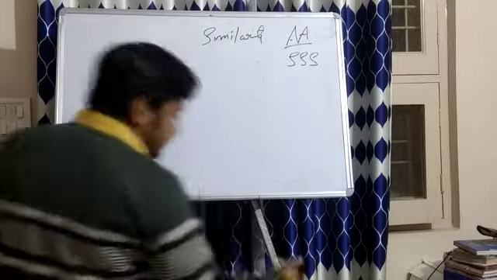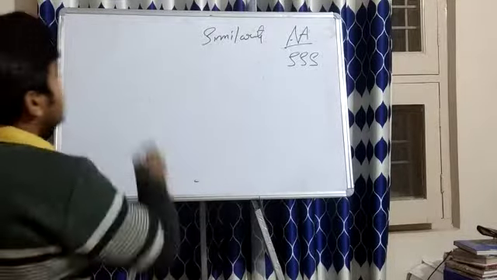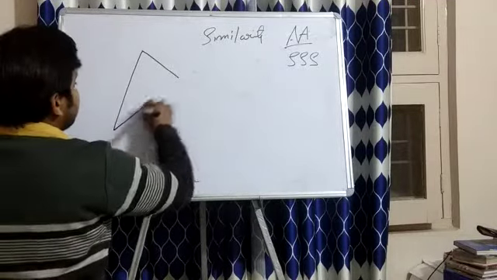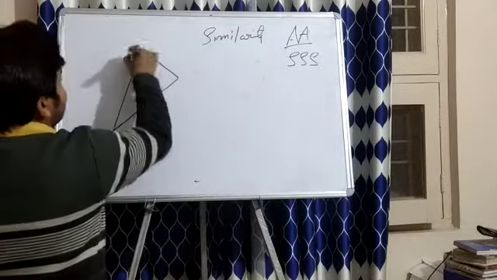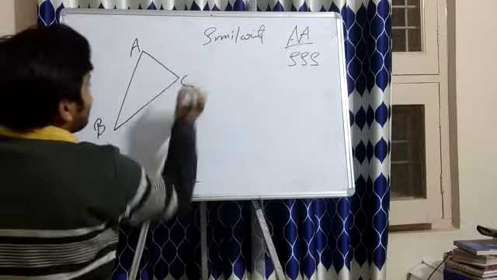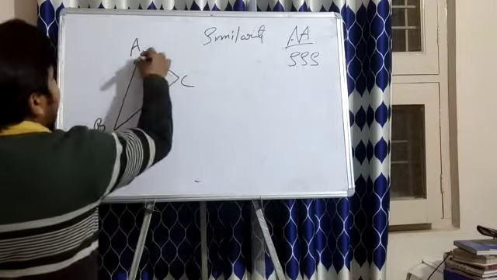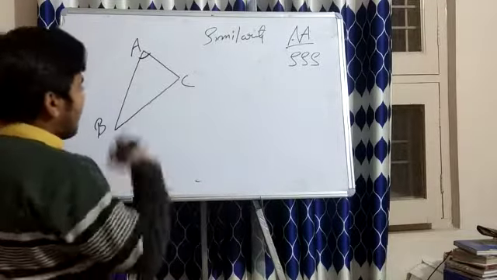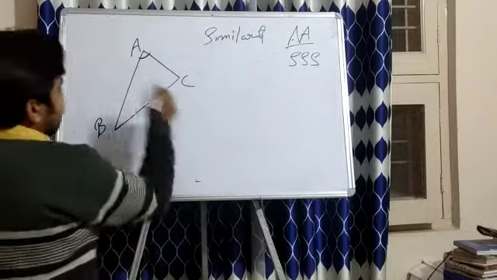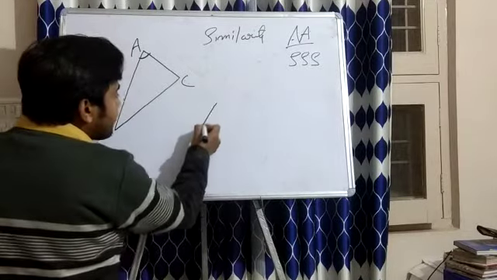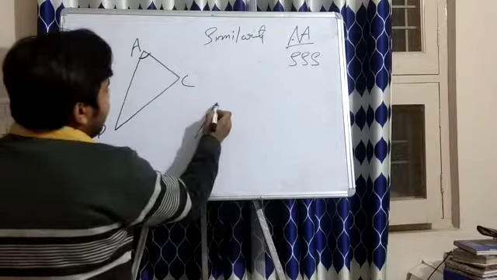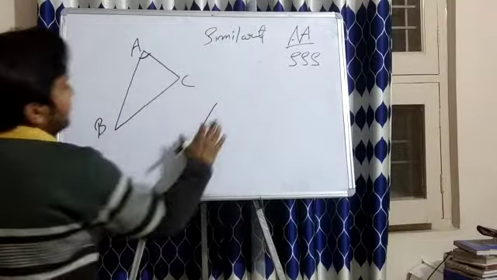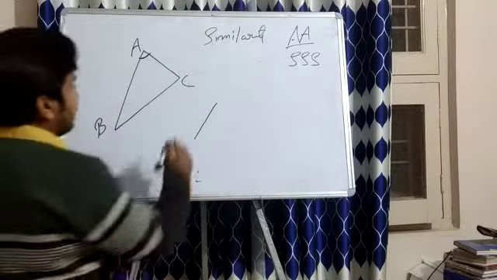Suppose I give you this triangle, with the same labeling, A, B, C, and let us call this angle A. Now I ask you to draw another triangle such that this side of the triangle is some multiple of this side.